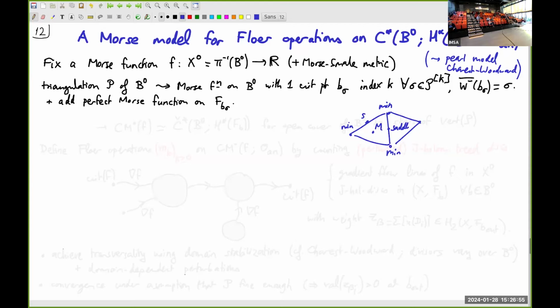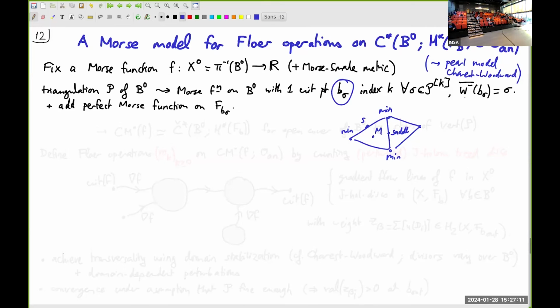and pick a metric where the descending flows from a given Morse critical point are going to be exactly the closure of exactly that stratum. Okay. And then add on the fibers above those critical points, including them B sigma, a critical point associated to a stratum, add some perfect Morse function on the fiber with 2 to the n critical points corresponding naturally to your favorite basis of the cohomology of the fiber.